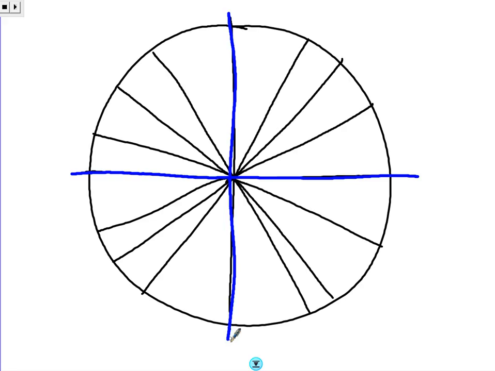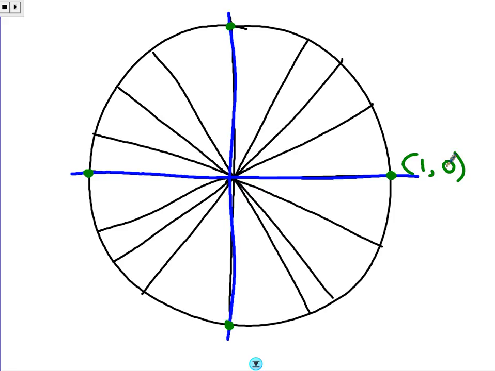Alright, I just realized we didn't do the quadrantal angles, but they're actually pretty simple. We just need to think about the ordered pair on each quadrantal angle. Right here, we know the radius of our unit circle is 1. So I went 1 unit to the right, and 0 up or down.